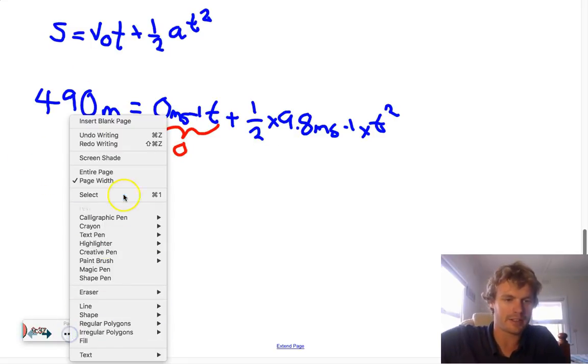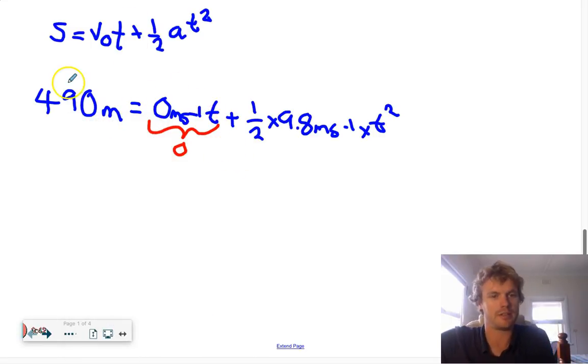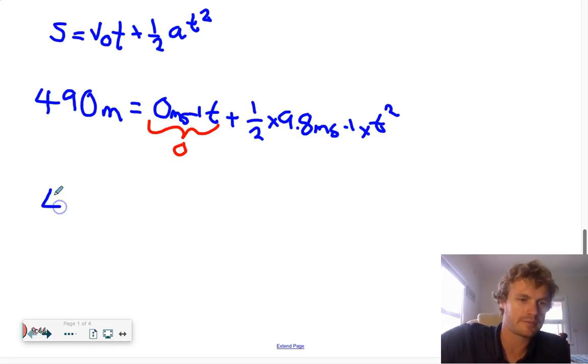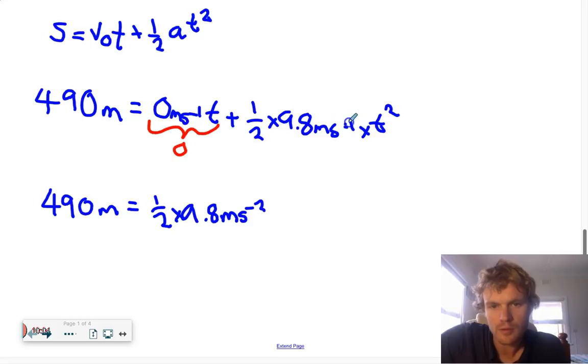If I now rewrite this again without that term, because that just nulls itself out, I'm left with 490 meters is equal to half times by 9.8 meters per second squared, this is acceleration, times by t squared.